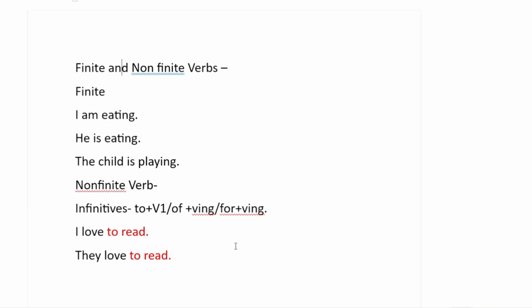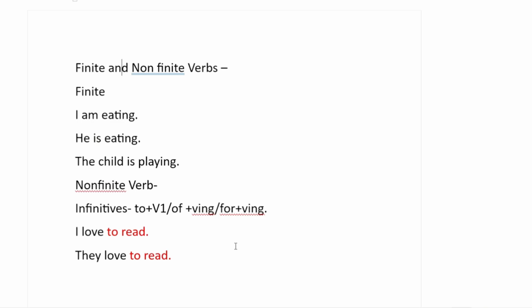So once again, what are finite verbs? Finite verbs change when we change the tense or noun number, and non-finite verbs do not change. There are various types of non-finite verbs. The first type of non-finite verbs which we are taking right now are infinitives. Infinitives act like nouns.